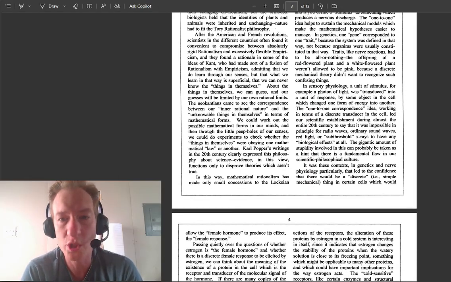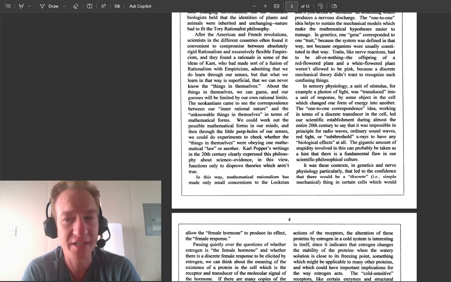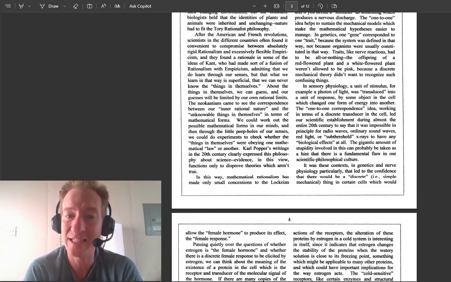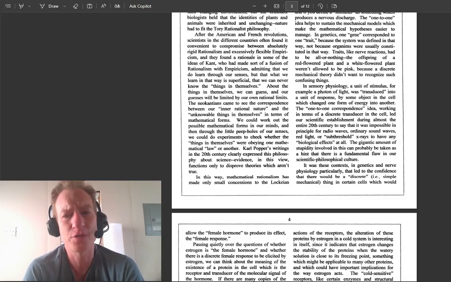The "one-to-one correspondence" idea, working in terms of a discrete transducer in the cell, led our scientific establishment during almost the entire 20th century to say that it was impossible, in principle, for radio waves, ordinary sound waves, red light, or sub-threshold X-rays to have any "biological effects" at all. The gigantic amount of stupidity involved in this can probably be taken as a hint that there is a fundamental flaw in our scientific, philosophical culture.